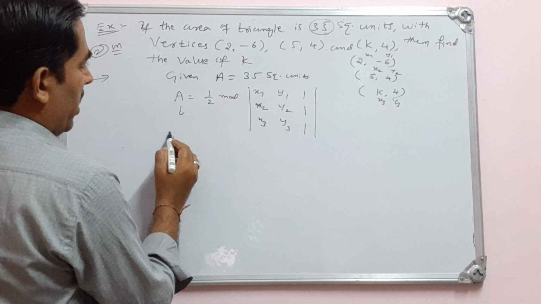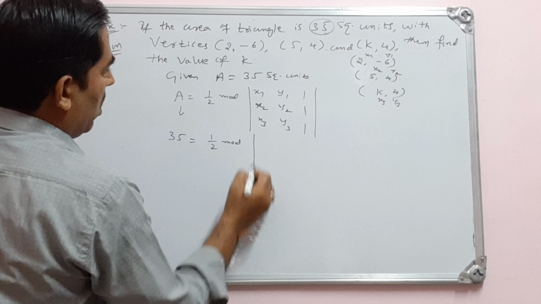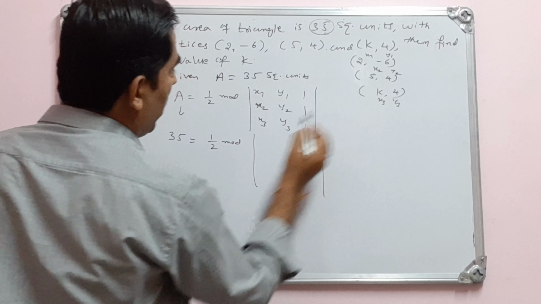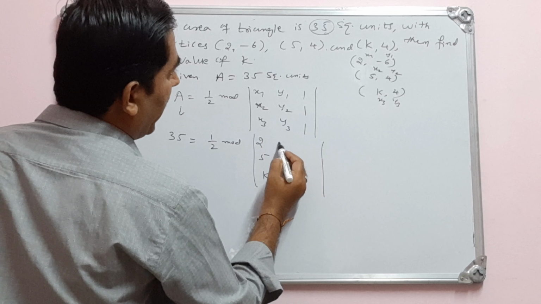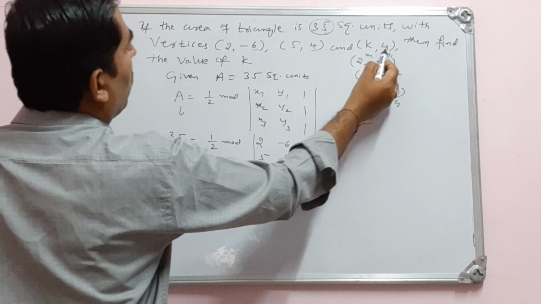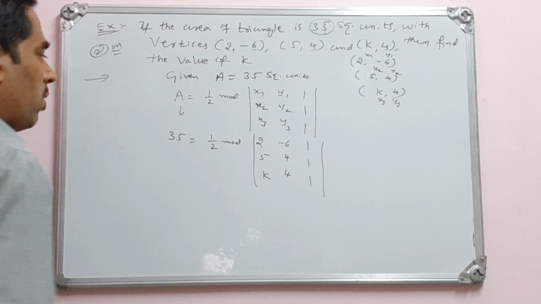Left hand side 35 is given, so half mod, determinant: first column 2 5 k, second column -6 4 4, last column 1 1 1.